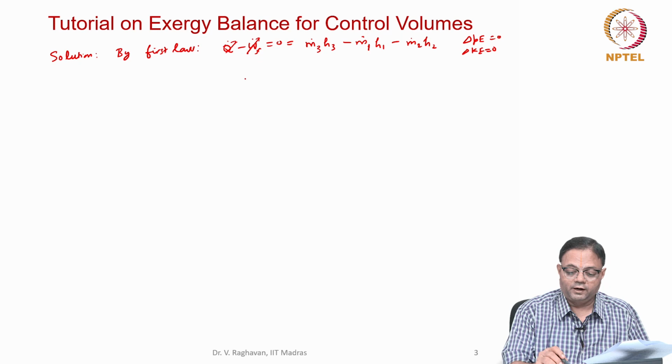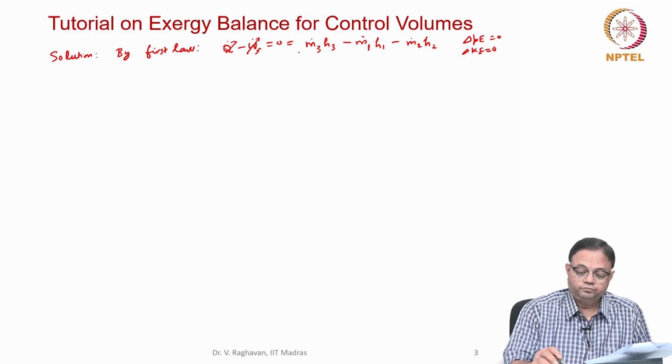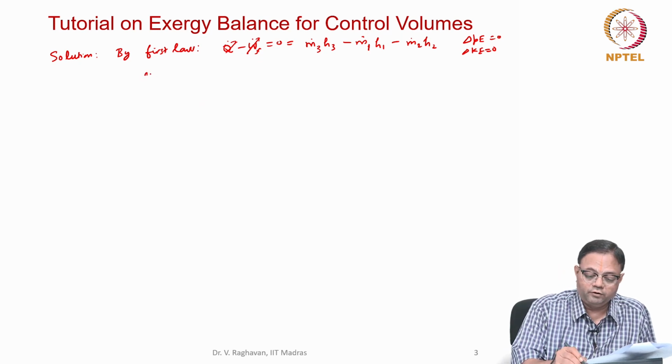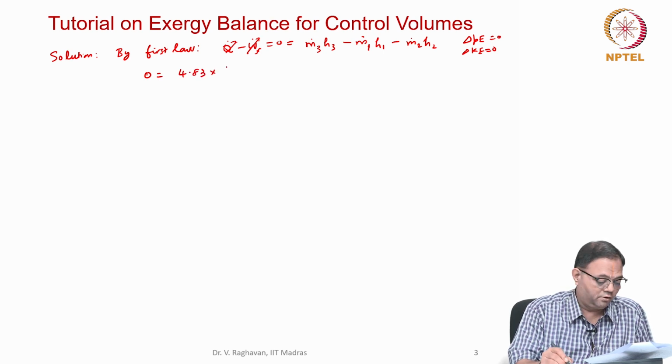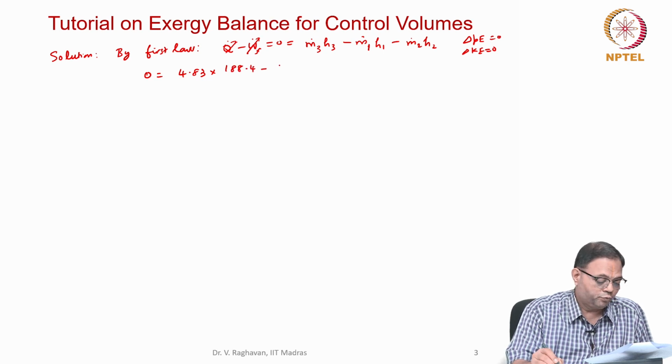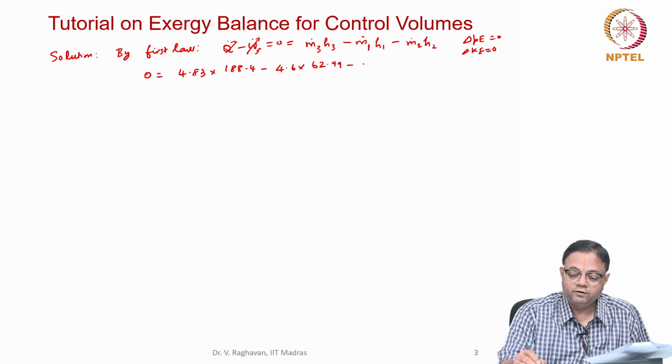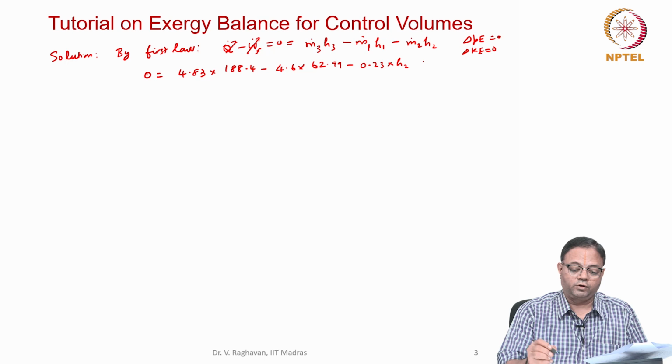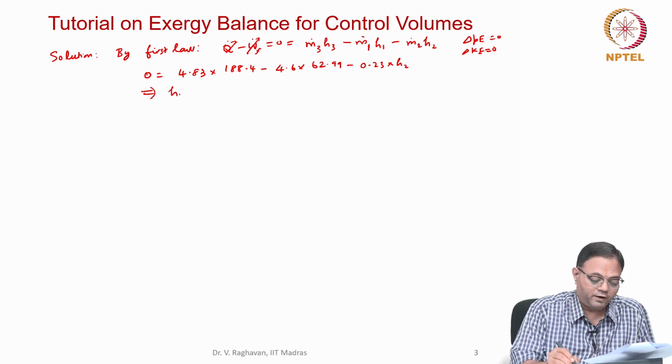So no work and heat interaction. So we can substitute here 0 equal to 4.83 into h3, which is 188.4, minus m dot 1 which is 4.6 into h1, which is 62.99, minus m dot 2 which is 0.23 into h2. h2 is unknown. From this I find h2 as 2696.4 kilojoule per kg.